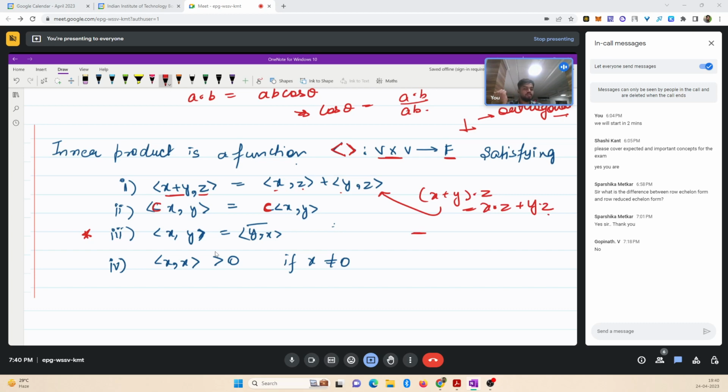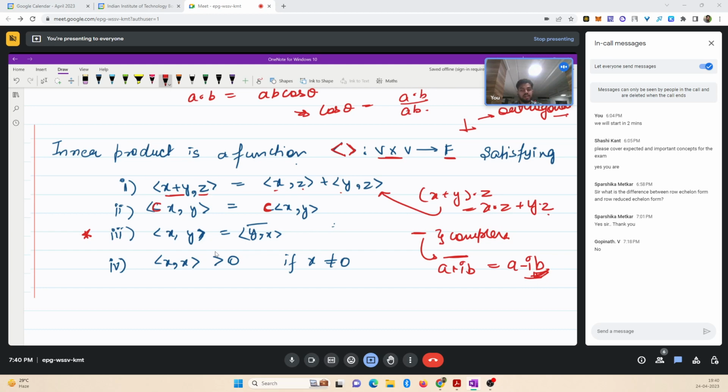So what is this symbol? This is the complex conjugate. If you have a plus iota b and you take its complex conjugate, it is a minus iota b. You might have done this in school. So if you just reverse the roles, what you get is the complex conjugate.